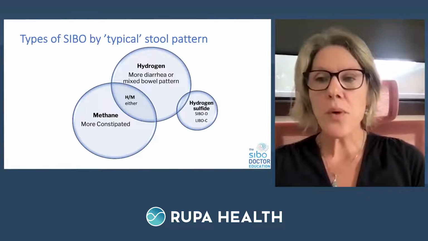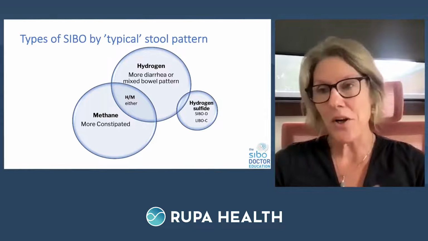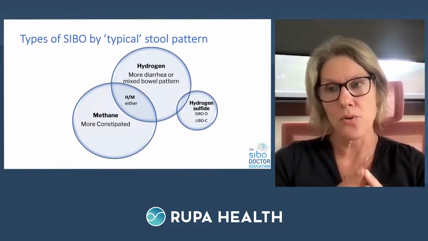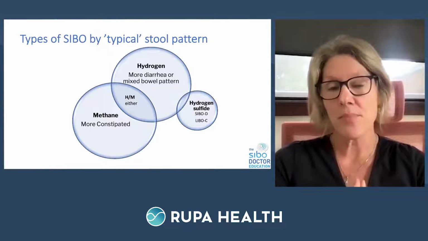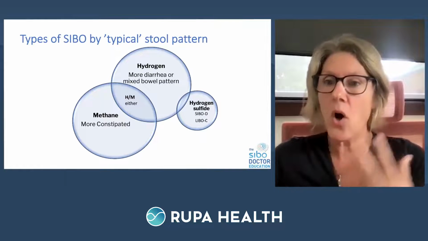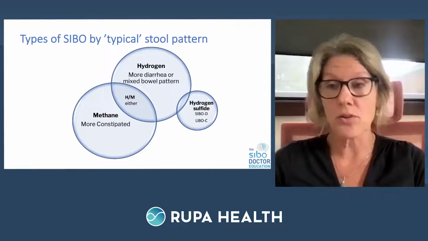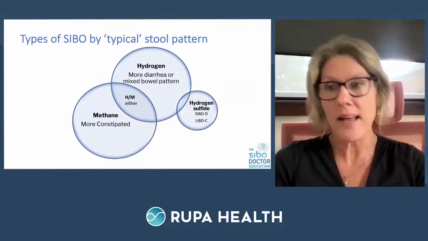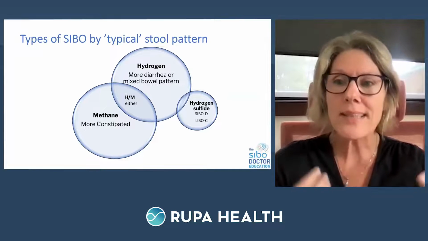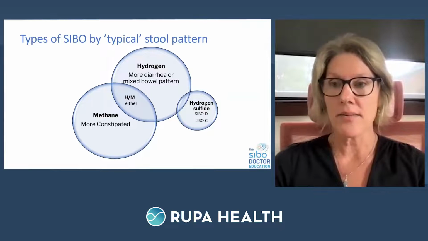Typically when we talk about SIBO or breath testing, we don't really talk about stool patterns because it is a breath test, and we don't really use stool testing at all to diagnose SIBO. That's a really important take home. You can't really determine that with a stool test, but we do see typical stool patterns with the different SIBO presentations.